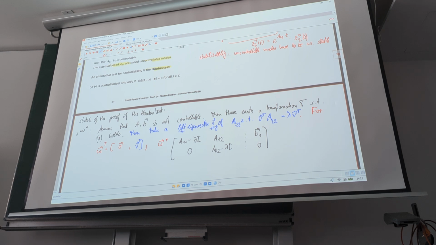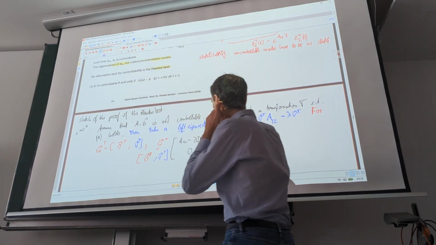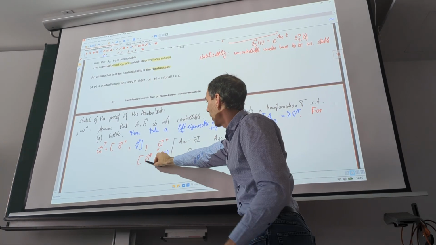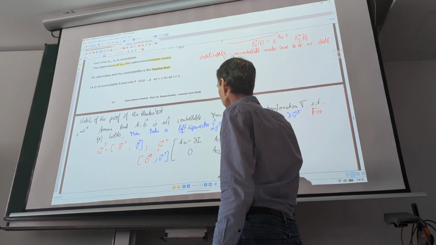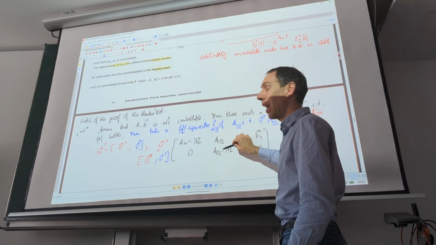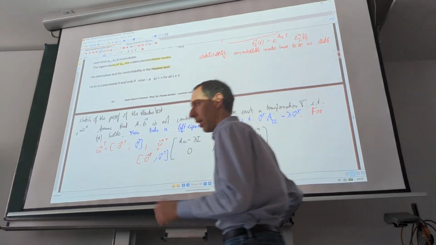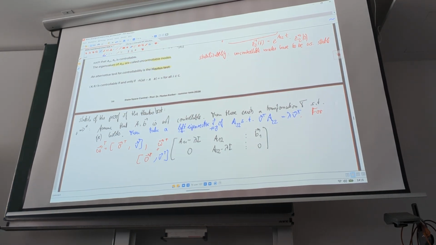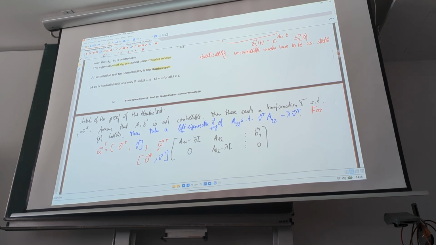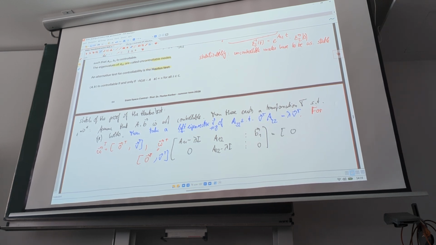This here would be a vector, so that it's clear this is a row vector of zeros. If I multiply this from the left, I get nothing here because this has a 0 this time. Here I get my eigenvalue condition, which means that this becomes 0 and this is also 0, right? So this is basically a 0, 0. This becomes a 0.